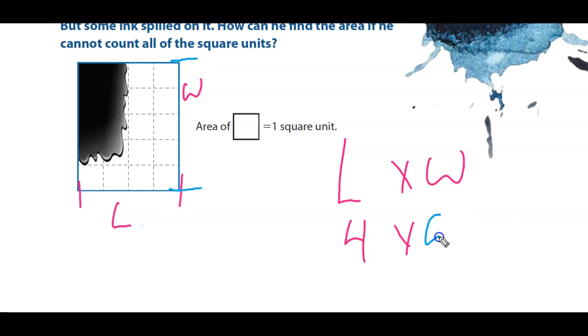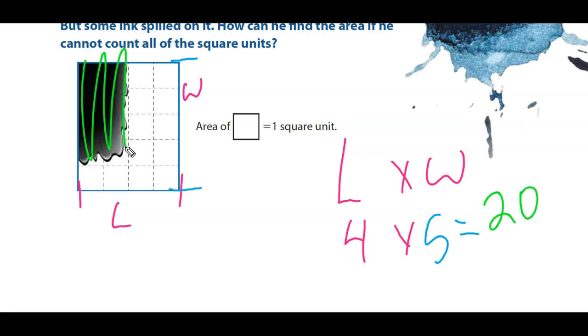So what's 4 times 5? 20. That's it. I didn't have to draw the shape again because I don't know how many are in here because of the ink that's spilled.